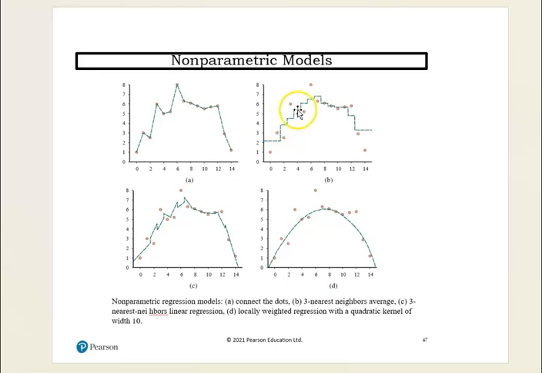So you can see that it's going to give us a different set of predictions than the simple connect-the-dots approach. So h of x in that case is the mean value, or the average, of the k points. We just sum y and divide by k.